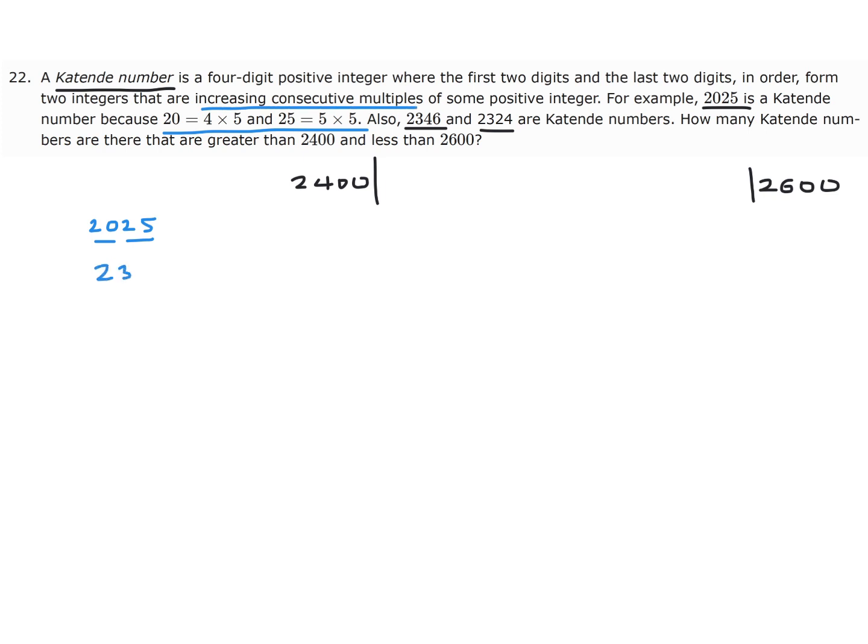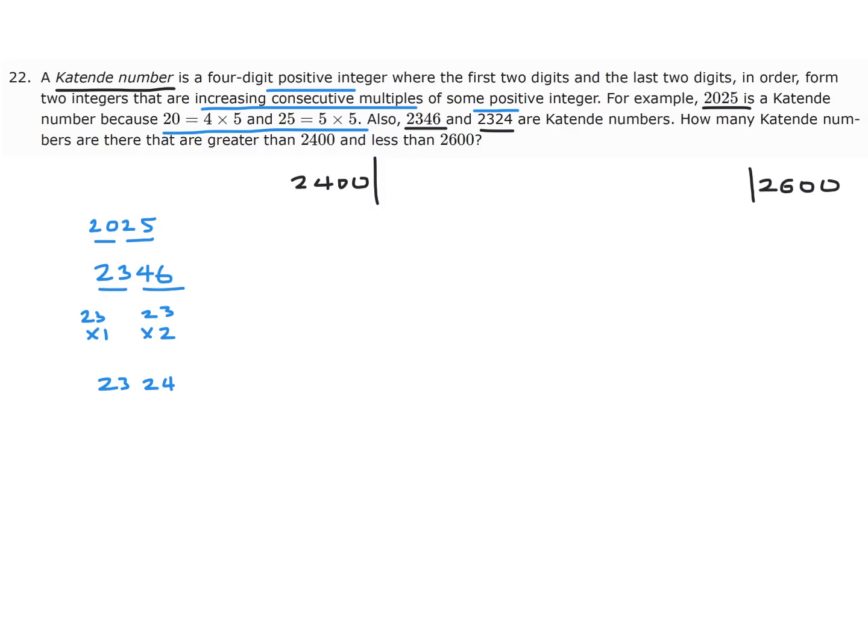What about 2346? Why does that qualify? Well, 23 is a multiple of 23, 23 times 1. And 46 is also a multiple of 23, but it's 23 times 2. So it's consecutive multiples. And then how about 2324, this guy right here? Why does that qualify?